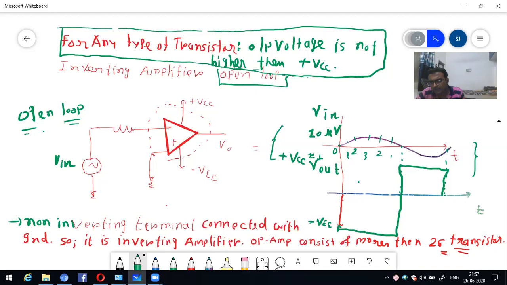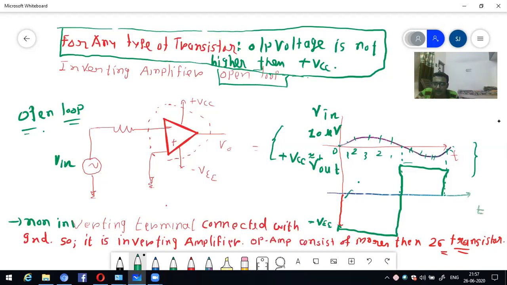But the output voltage is constant, which is minus VEE. Similarly, the voltage decreases, then increases, but the output voltage is still constant. Means what? If the voltage increases by even microvolts, the output is fixed, either minus VEE for the positive cycle or plus VCC for the negative cycle.